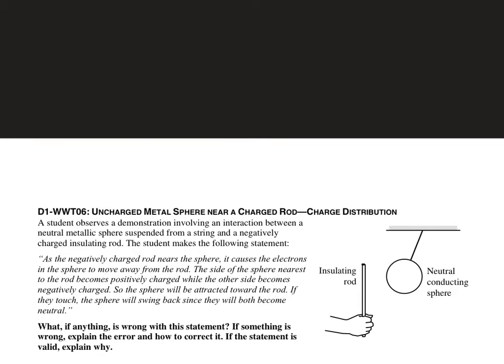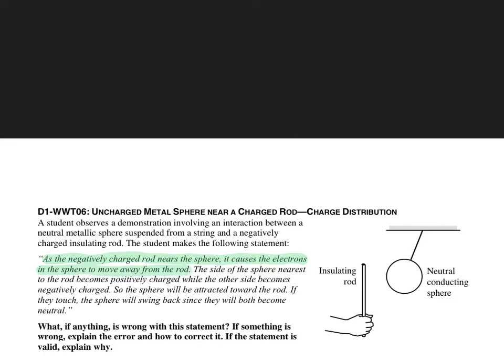All right, the student is either right or wrong in this case, so we'll find out. We're going to take this sentence by sentence. As the negatively charged rod nears the sphere, it causes the electrons in the sphere to move far away from the rod.